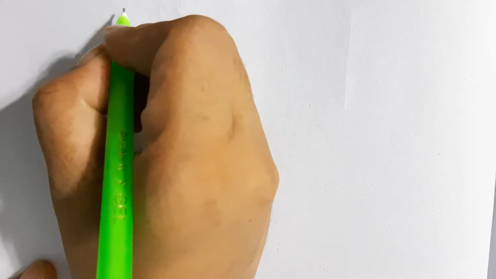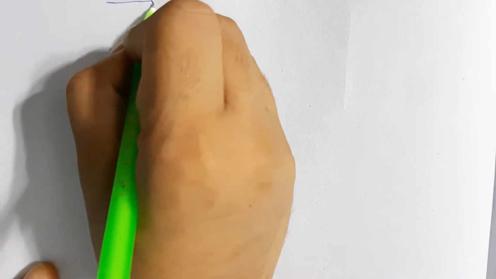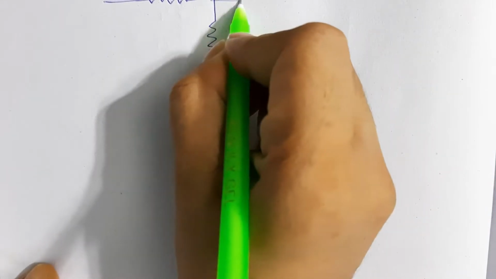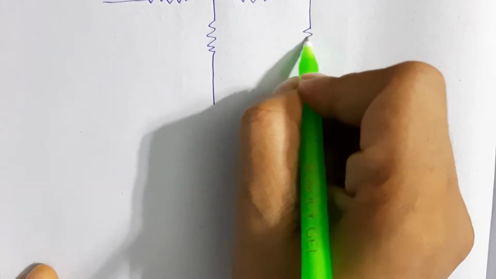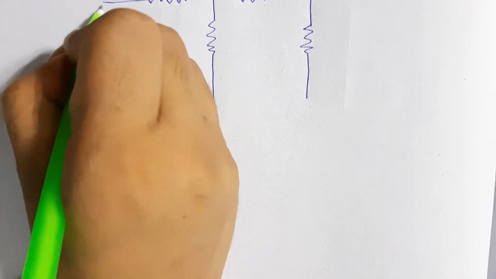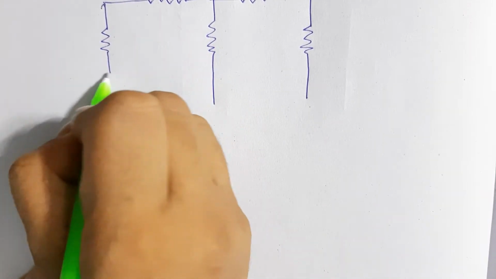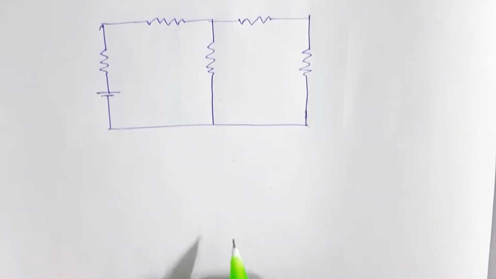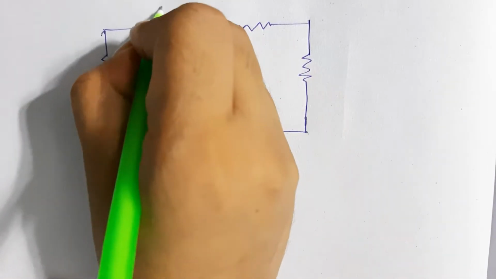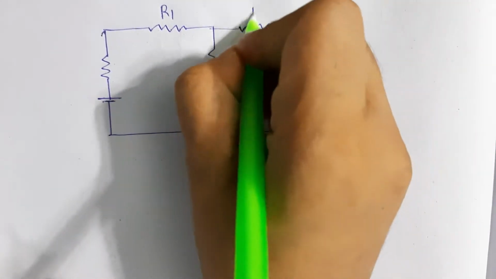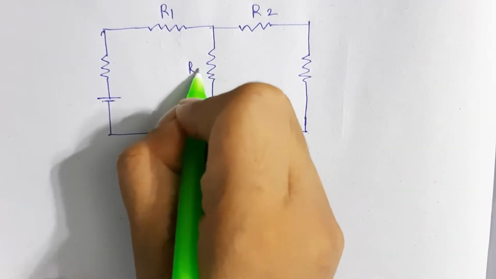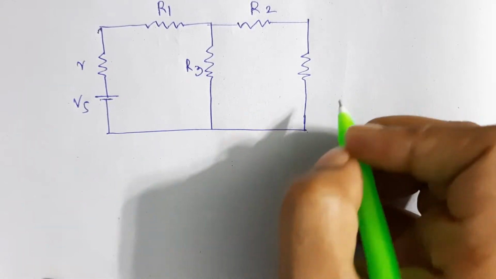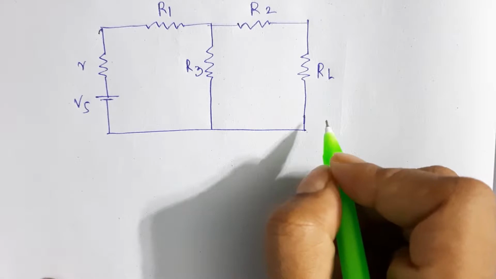Okay, so let's draw the circuit. So this is the circuit. Here are resistances R1, R2, this is R3, this is the internal resistance, here is the voltage source, and this is the load resistance.